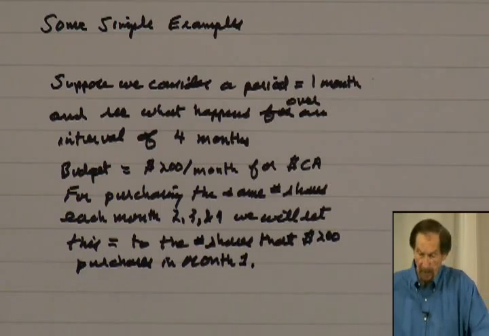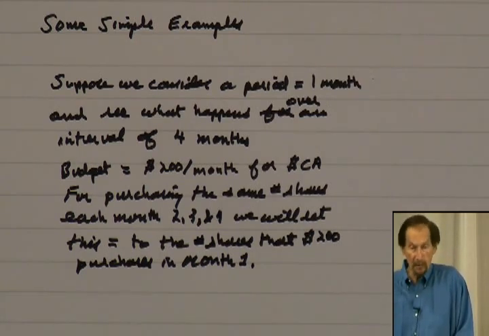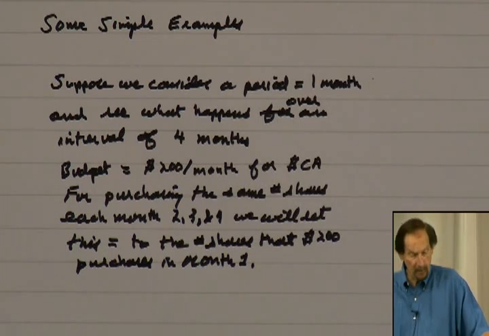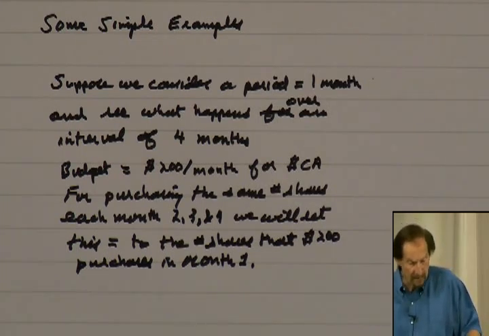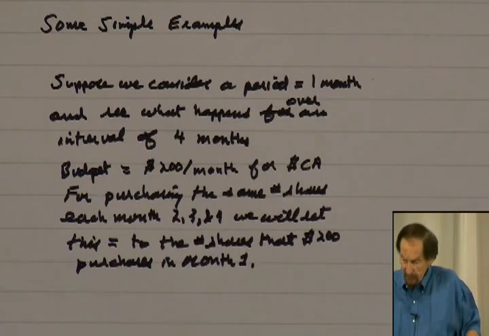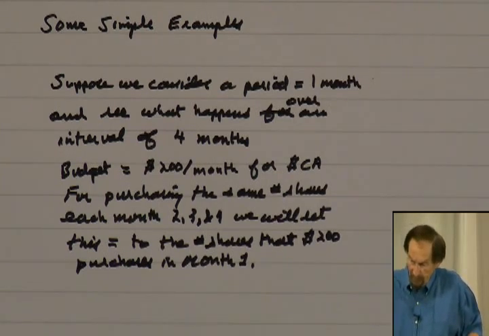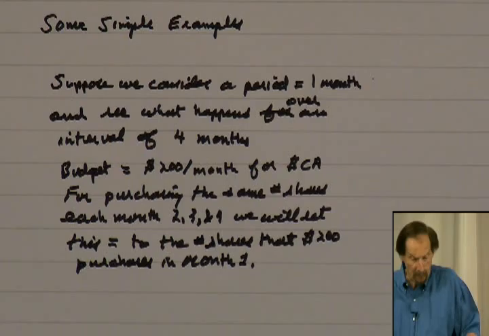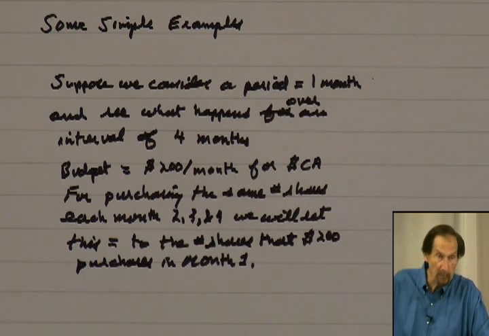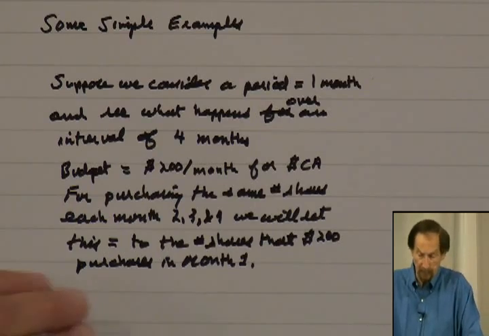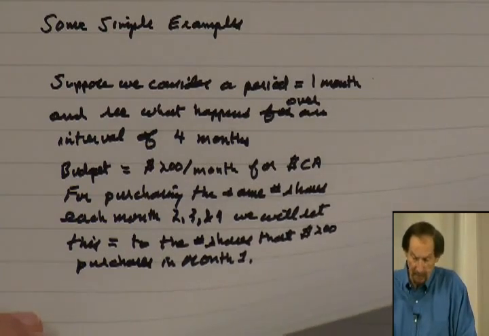So for dollar cost averaging, we have a budget of $200 each month. And for the fixed number of shares, we look at how many shares we buy for $200 in the first month, and we buy the same number of shares in 2, 3, and 4. Okay, so let's look at some data here.